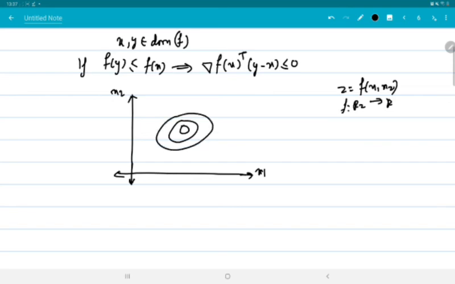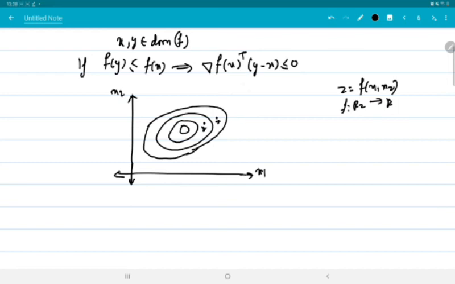It is not necessary that it should be, but it looks something like this. I'm just drawing a case in which there is a pit-like function, and these are the level sets. I have f of y less than f of x, so I take two points x and y. If f of y is less than f of x, y should be this point, x should be this point. So this means that the gradient has an obtuse angle with y minus x.